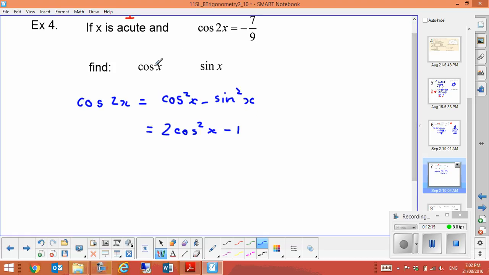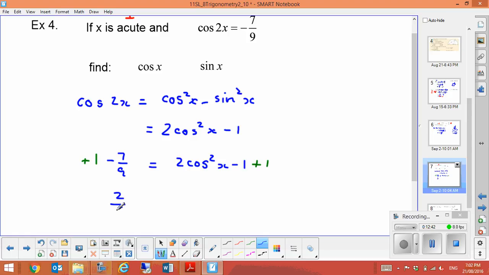So now we know that minus 7/9 equals 2 cos squared x minus 1. Back to some basic algebra. Add 1 to both sides.